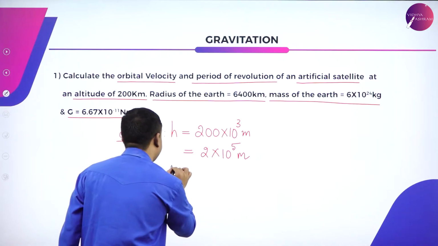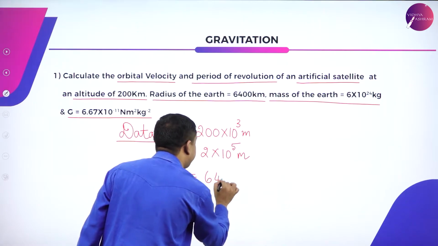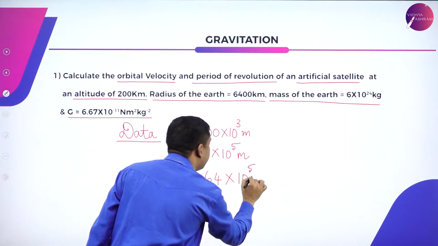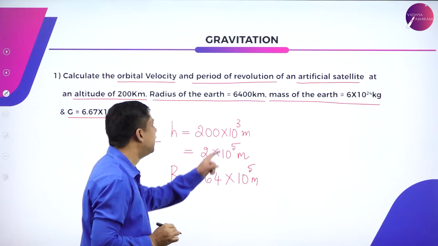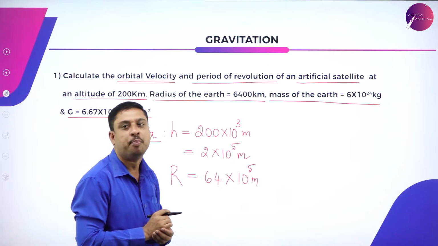Again, radius of the earth is given, 64 into 10 power 5 meters, 6,400 kilometers.